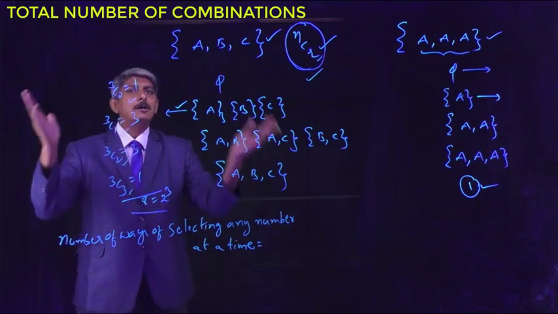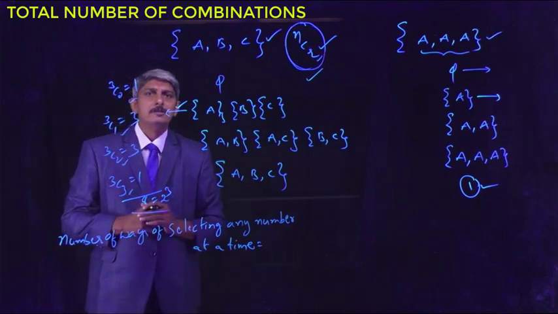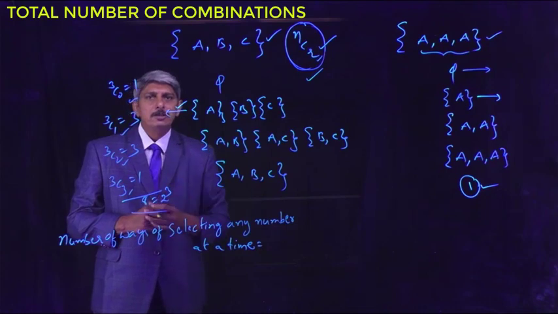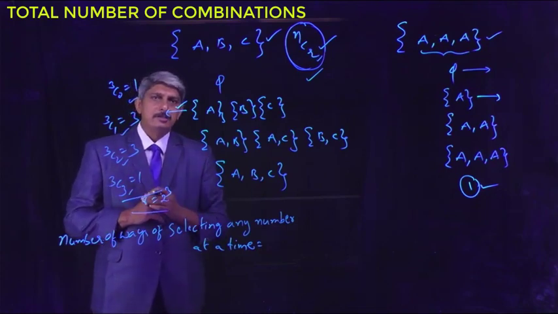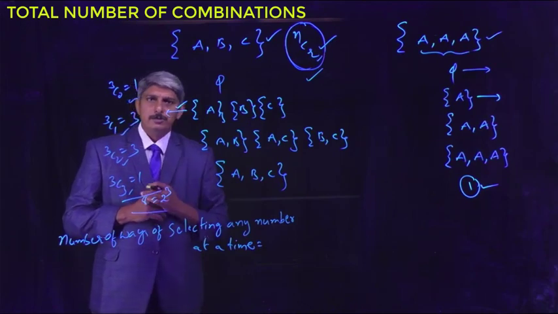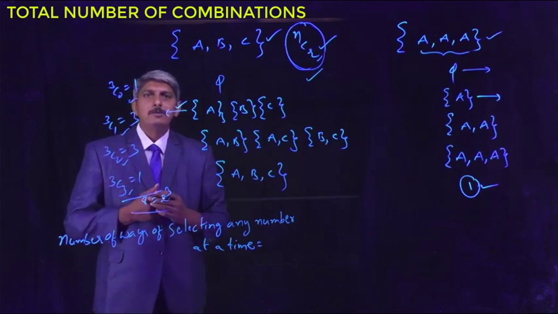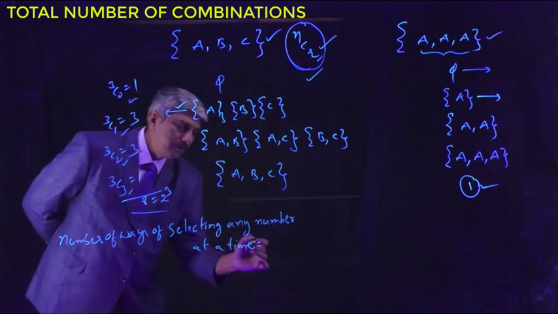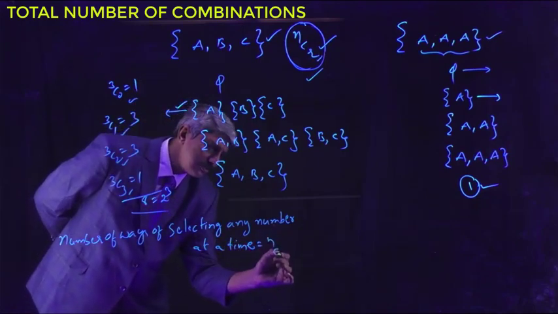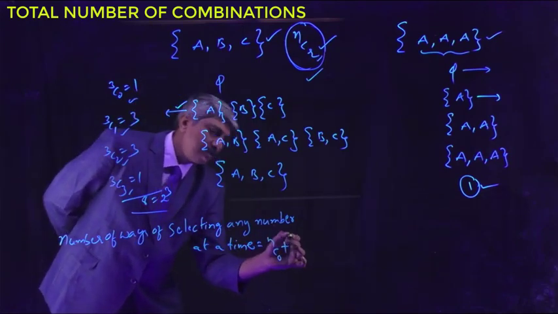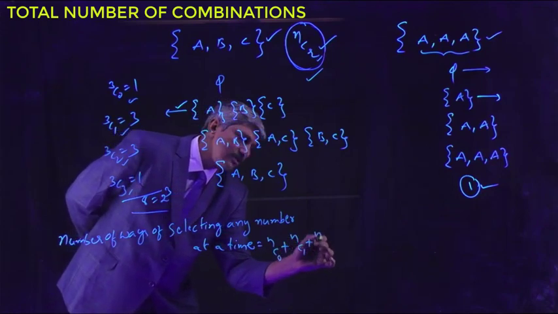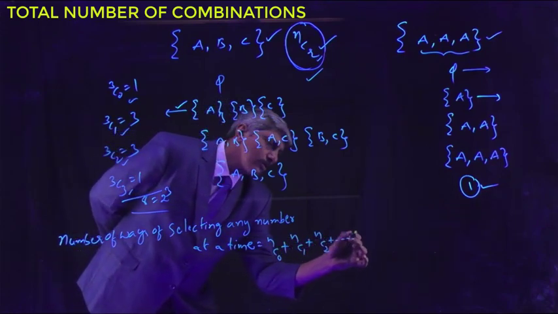We consider all possibilities. So we select 0 things, what is the value? nC0. We select 1 thing, nC1. We select 2, nC2, and so on.